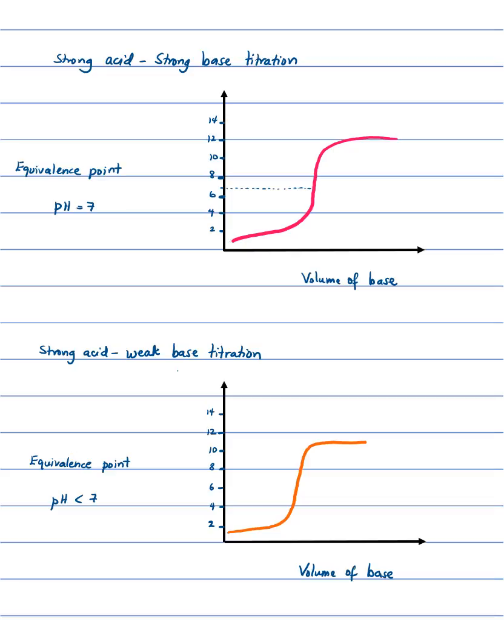I have here my initial pH value in the beginning of your graph. That's one thing that you need to be looking at. If it's a weak acid, that pH value will be closer to 2 or 3, so between 2 and 3.5. That's the initial pH value for a weak acid.